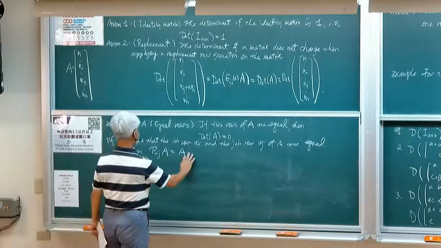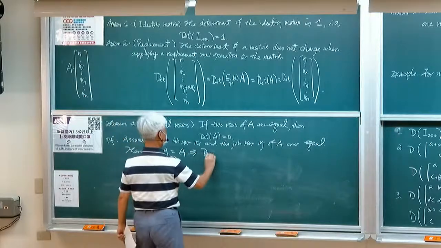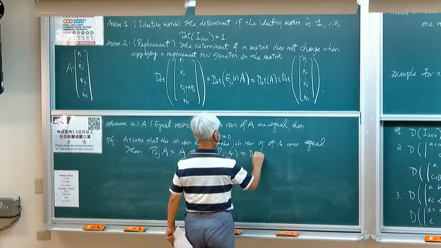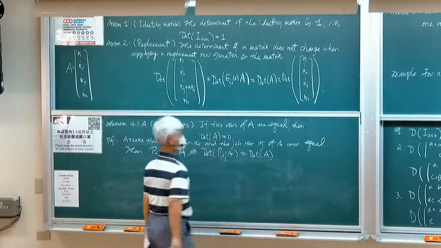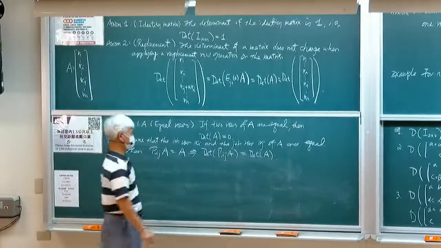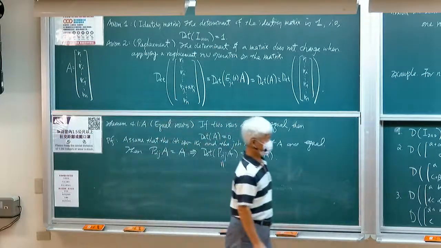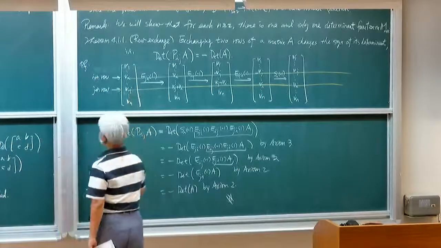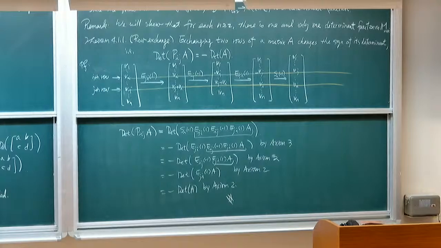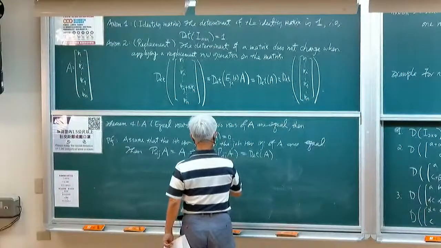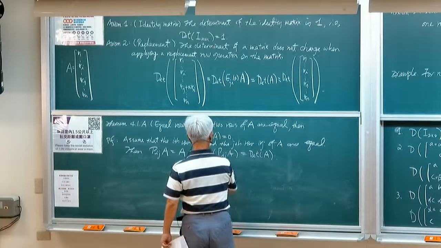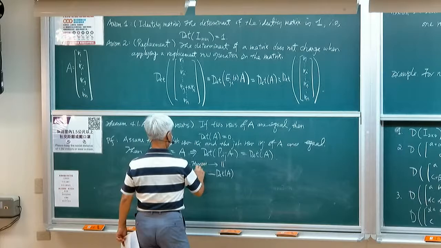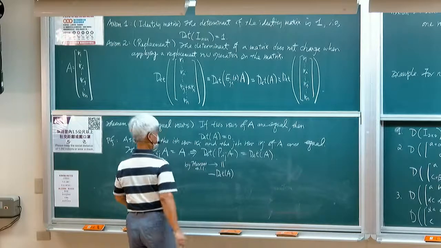All right, so this implies that you apply the determinant on both sides. You get equality. But by the previous theorem, if you do the row exchange, you have to change the sign of the determinant of A. So this is by theorem 4.1.1.